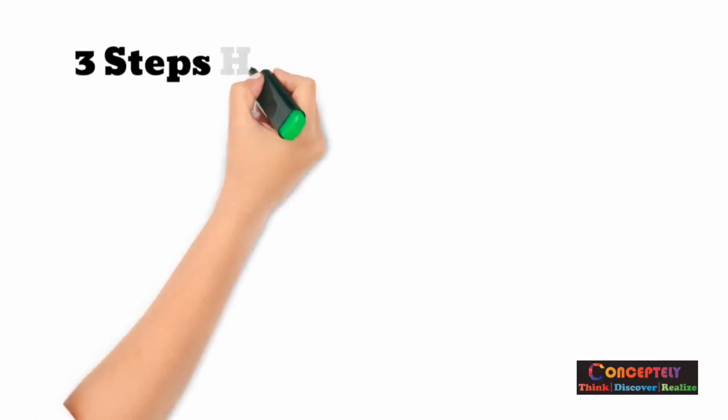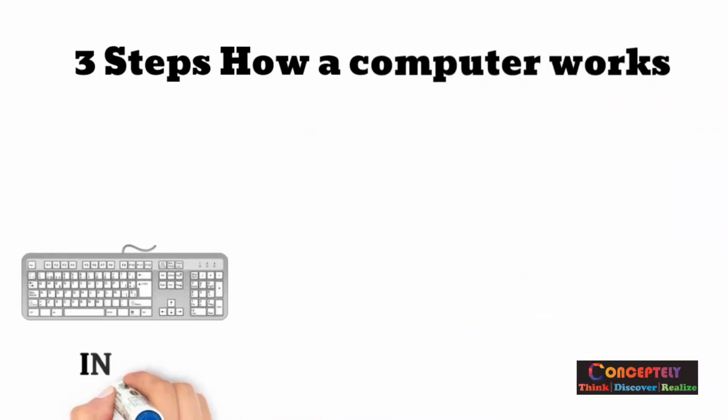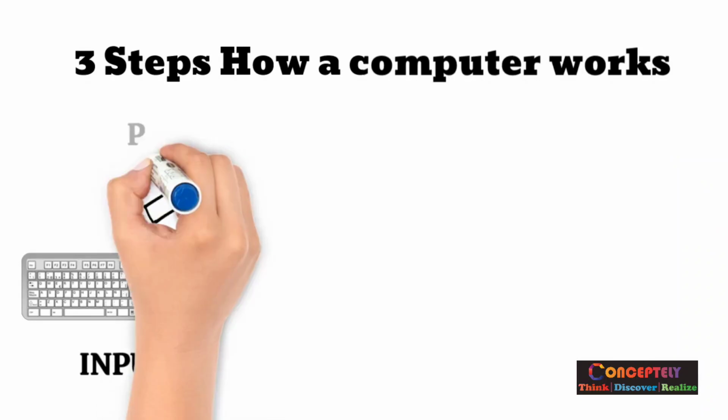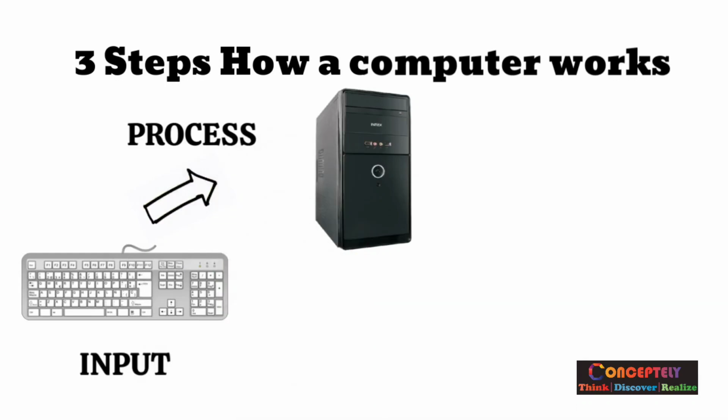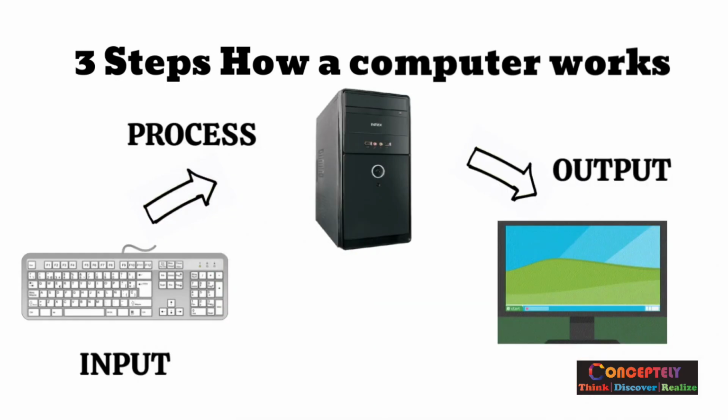Learners, do you know a computer works in different steps? The steps in which the computer works are a total of 3. A computer takes its input from input devices like a keyboard, then processes it in the CPU cabinet and finally displays the output on the monitor, which is an output device.